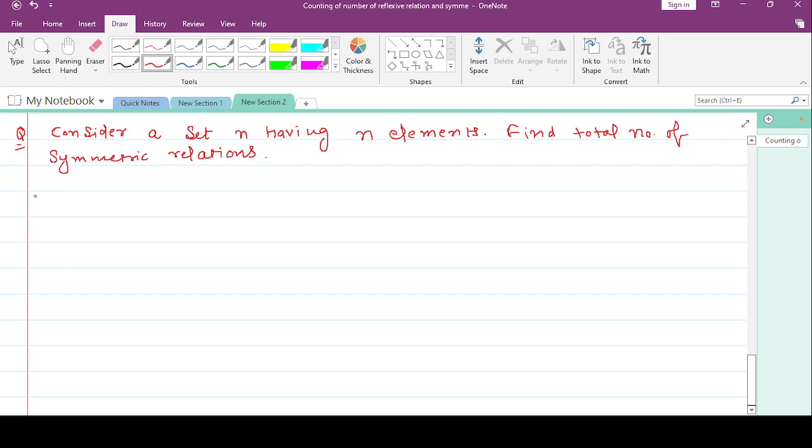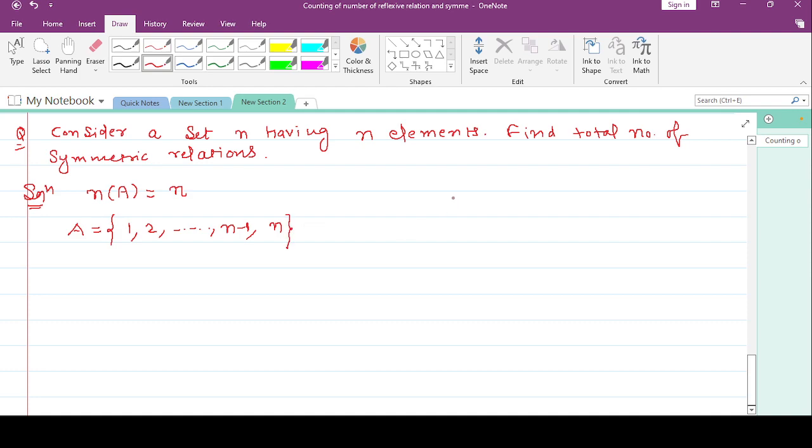Solution: the number of elements in set A is equal to n. And suppose that in this set A we have n minus 1 into n types of elements.